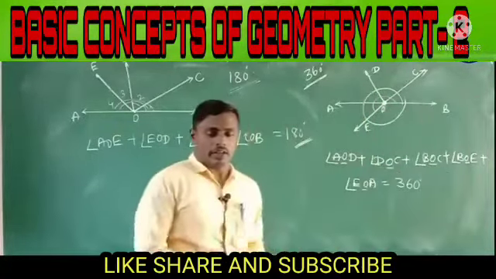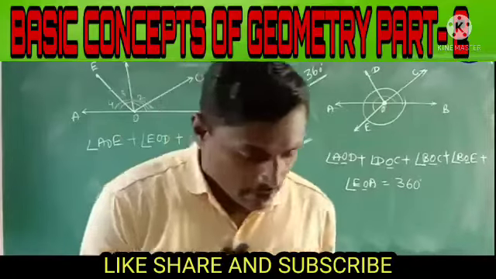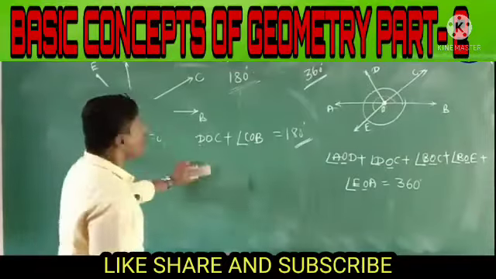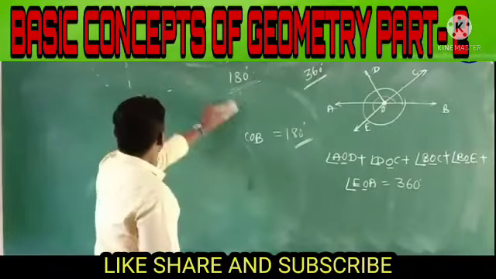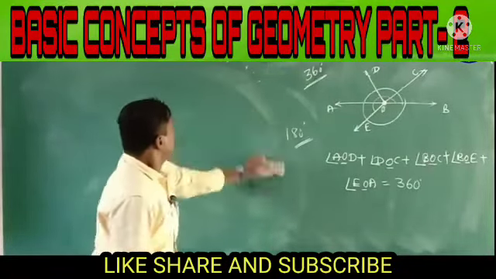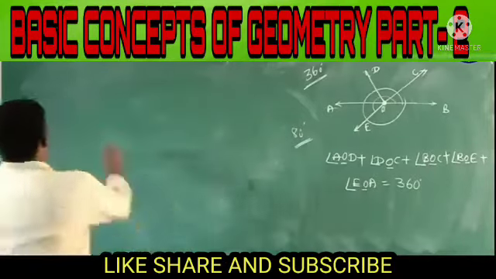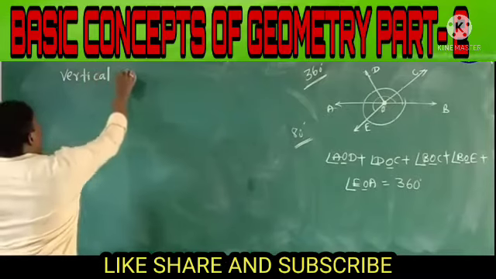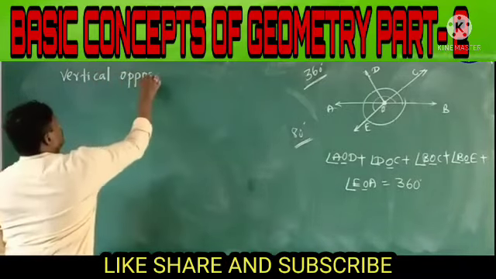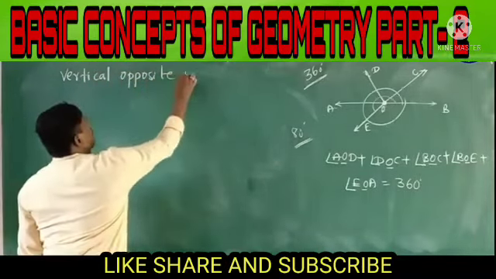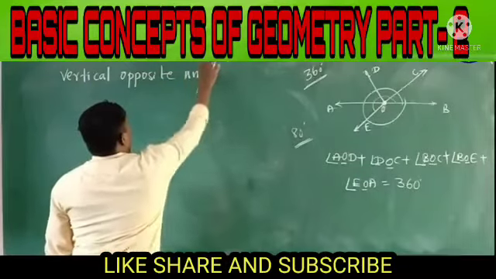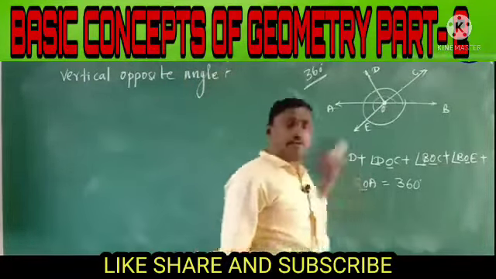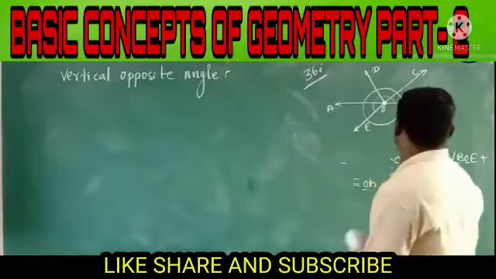Okay, so the next point is one more type of angle, that is vertically opposite angles. Vertically opposite angles means what?